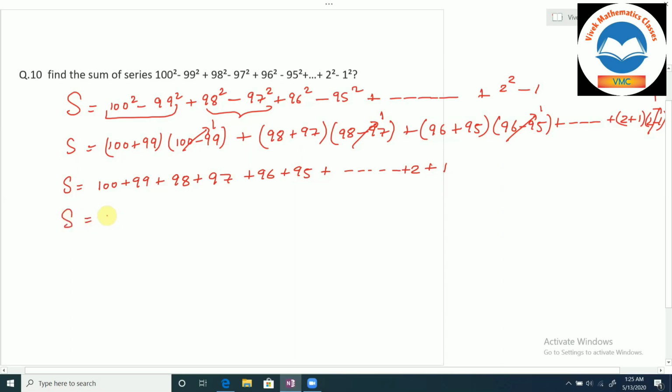Then the formula will be n into n plus 1 by 2, meaning 100 into 101 divided by 2. Cancel out, this gives 50. 50 into 101 will be 5050. This will be our answer. So we will move to the next.